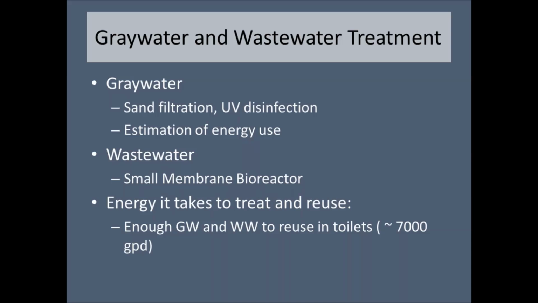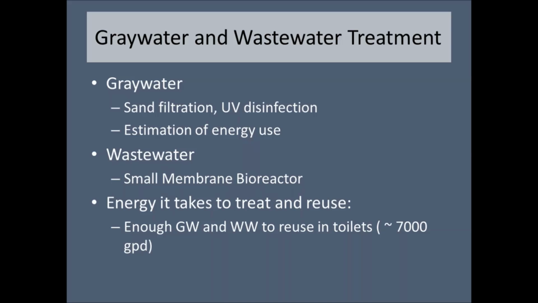With our gray water, we assumed that the treatment method was sand filtration and UV disinfection. And we had a range of estimations for how much energy this would take. We weren't so sure, so we had low and high energy estimations between 3.4 and 8 kilowatt hours per 1,000 gallons, which I'll show in my graphs.